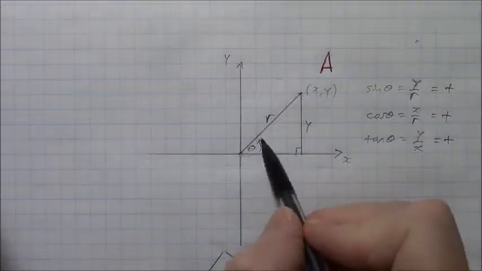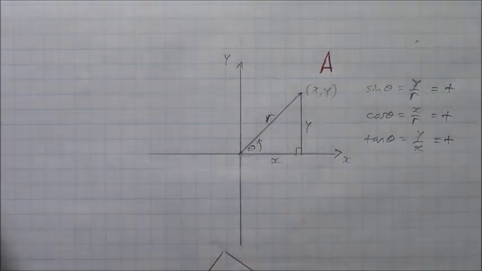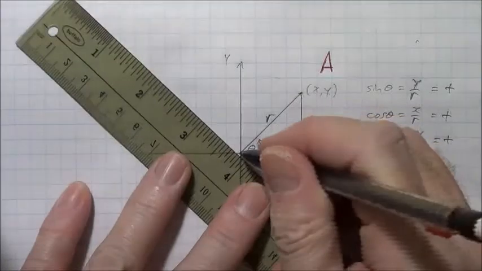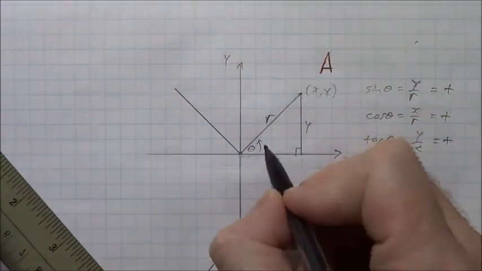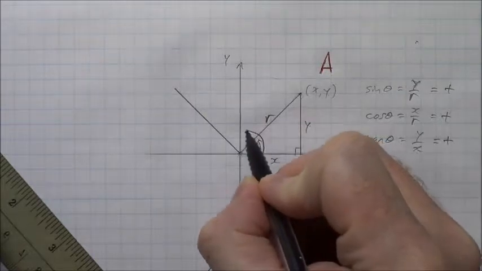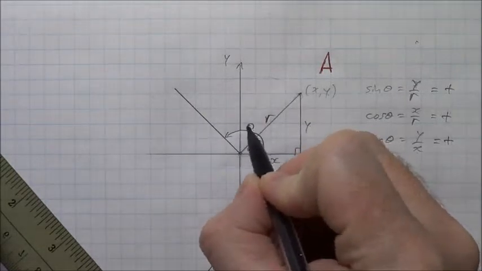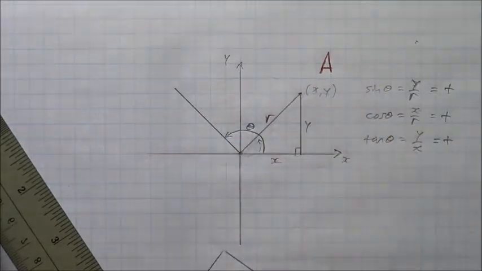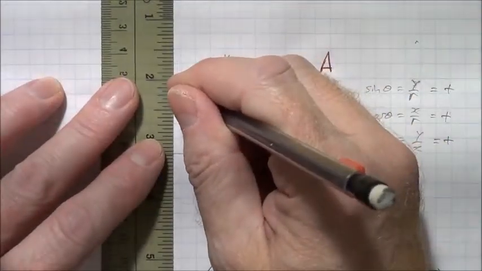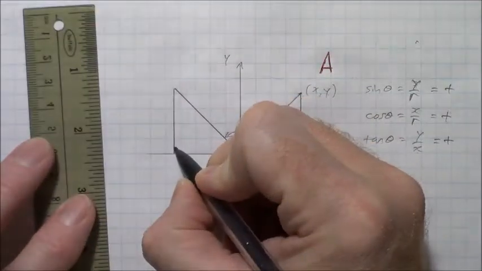If we continue rotating this terminal arm around into the second quadrant, the angle of rotation now is from the positive x-axis to here, so that's angle theta now. Again, we drop this perpendicular.